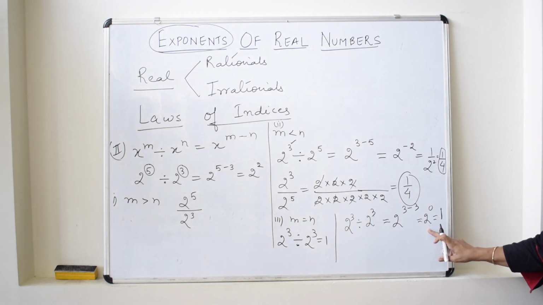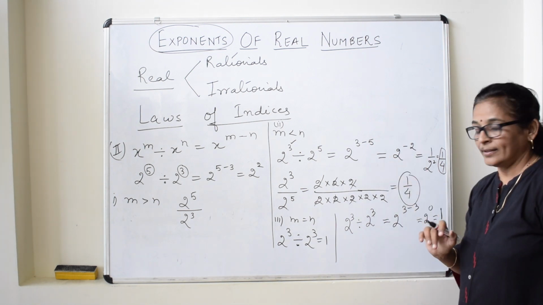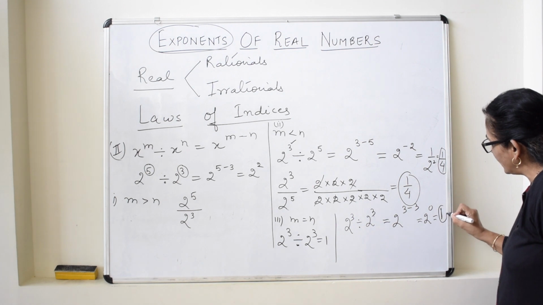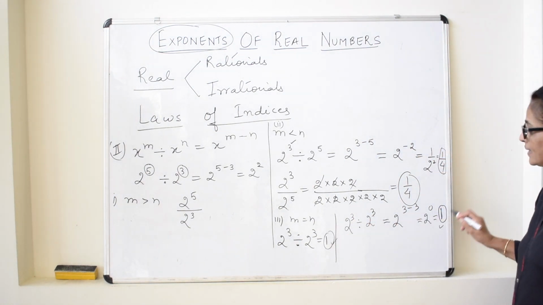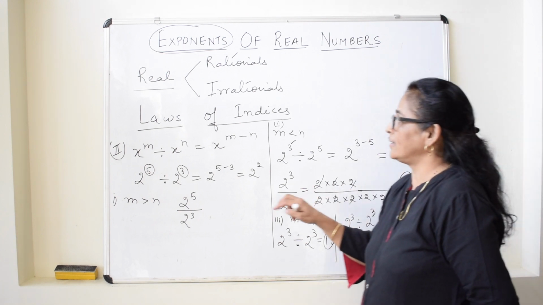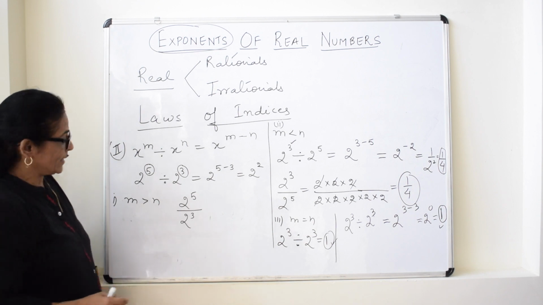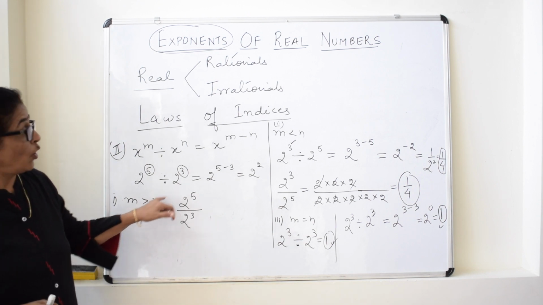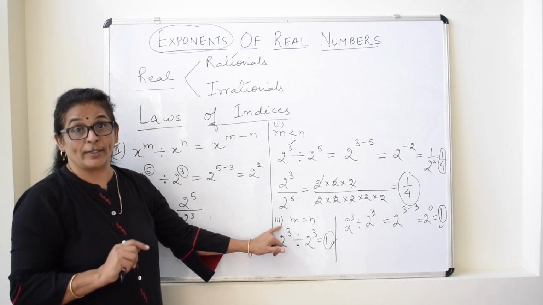The 0 exponent. 2 raised to the power of 0 is 1. So literally if you apply the rule, we are getting the same answer. It means that this law works for all 3 cases, whether m is greater than n, or m is less than n, or m is equal to n.